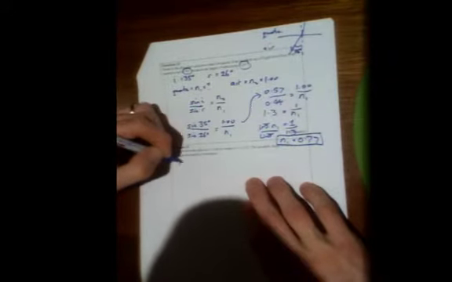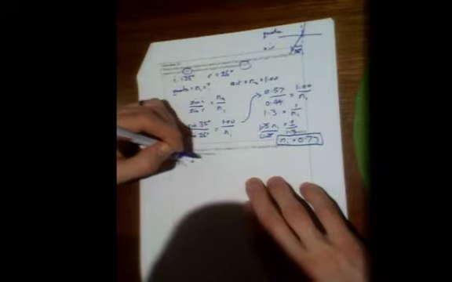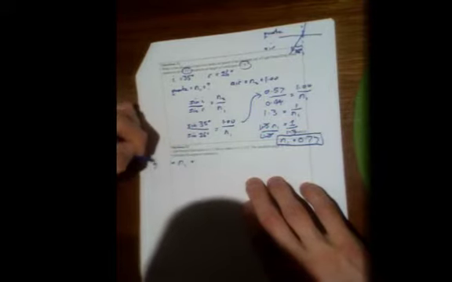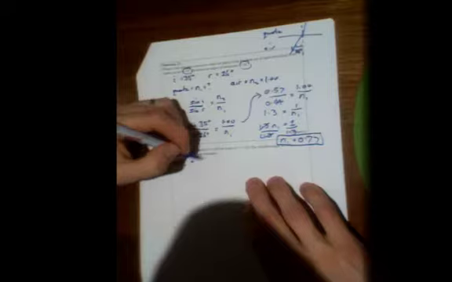Light travels from glass to water. The incident angle is 33. Calculate the angle of refraction. Okay, from glass. So from glass, n1 is 1.6, to water.